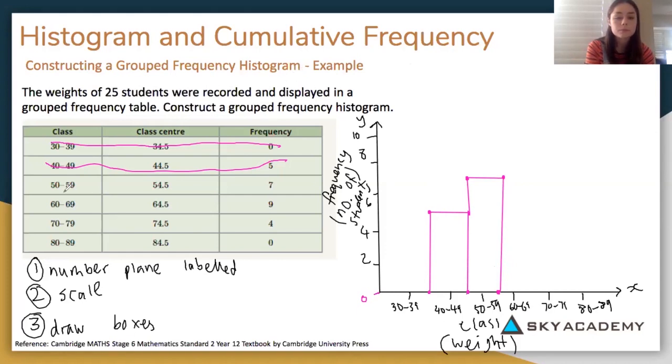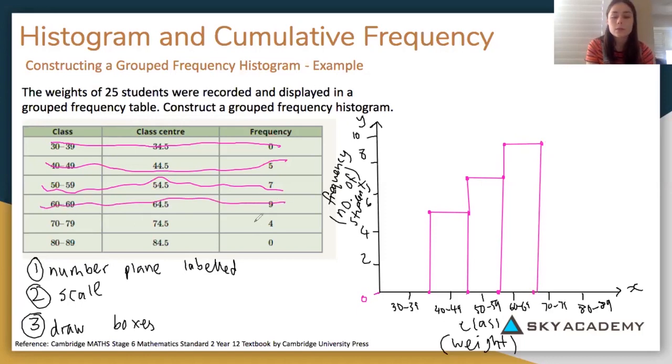So now we can do 60 to 69, which had a frequency of 9. So I go halfway, then I go up to a frequency of about here for 9. And I can draw my box on. Now I have a 70 to 79 with a frequency of 4.